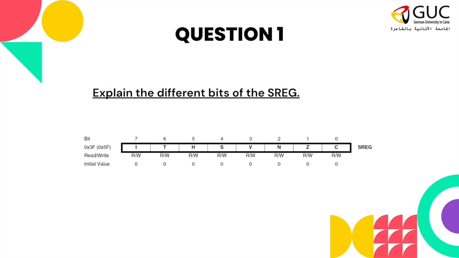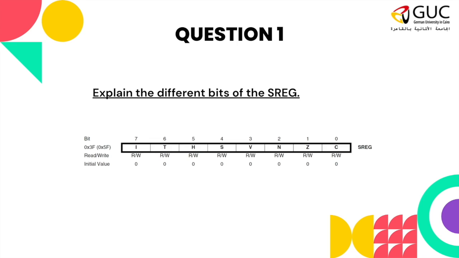So the second part of the question explains the different bits of the status register. As you can see, it's an 8-bit register from bit 0 to bit 7. And here, each bit is notifying me or telling me information about the arithmetic operation that just occurred in the ALU, or the last arithmetic operation that occurred in the ALU.